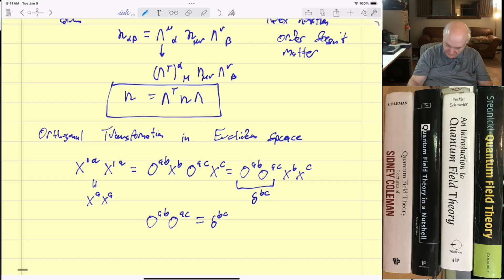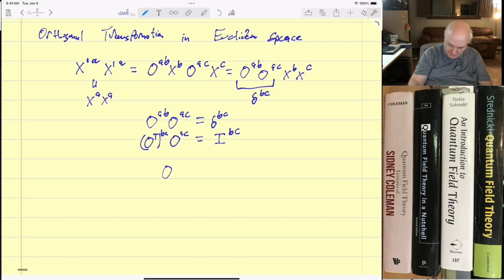So what we have is O equals I. But now we don't have O here because the order isn't right, but we can write this as O transpose BA, and then OAC equal I BC. And now the multiplication works out, so we're left with O transpose O equal the identity.